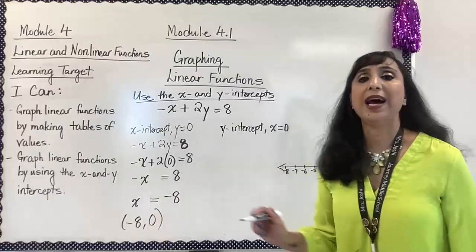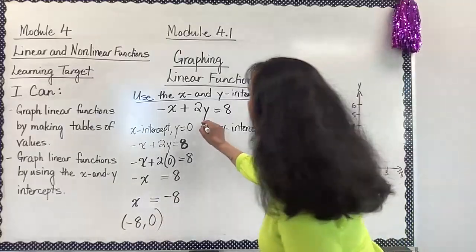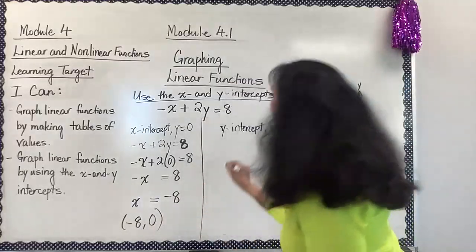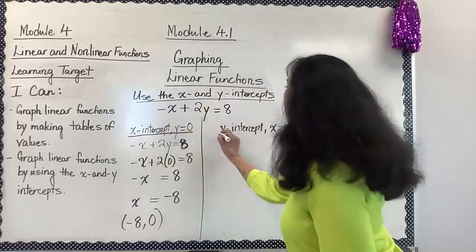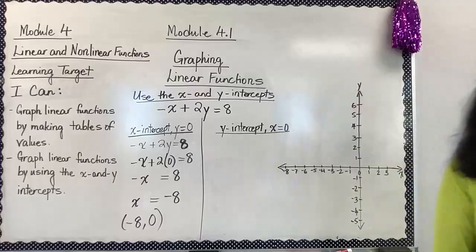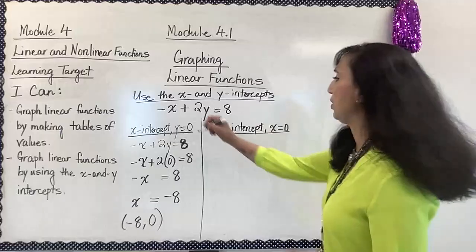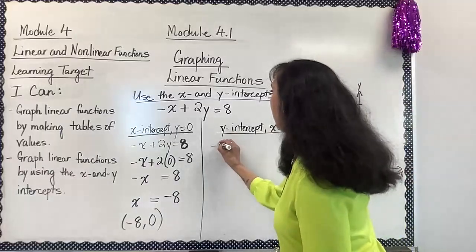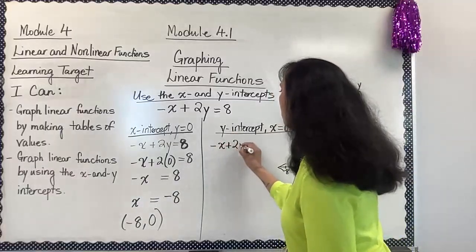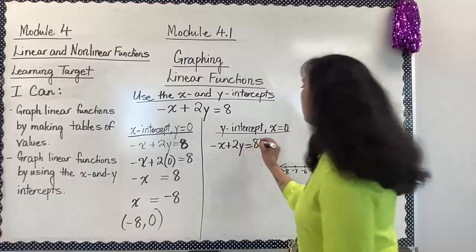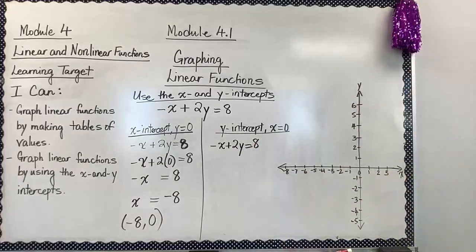All right. So here is the x-intercept, and now I am going to find the y-intercept. So when I'm finding the y-intercept, I am going to let x be equal to 0. Again, I'm going to write out the original equation: negative x plus 2y is equal to 8. And now we are going to replace x with 0.